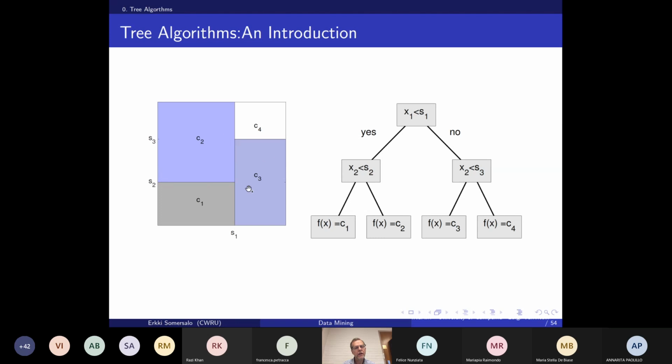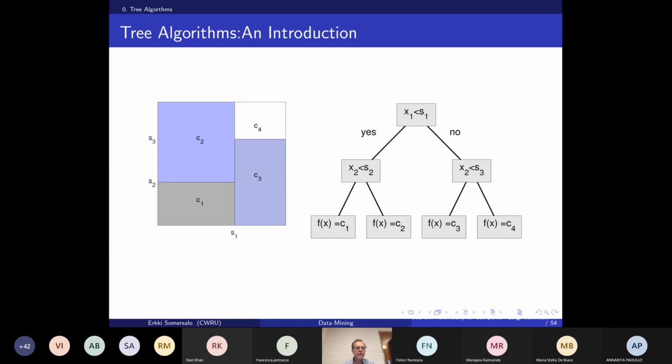So what you can think here is that you have a function of two variables, X1 and X2. And you are approximating the function by a piecewise constant function, and you are representing this piecewise constant function as a tree. So the tree actually represents a function here.